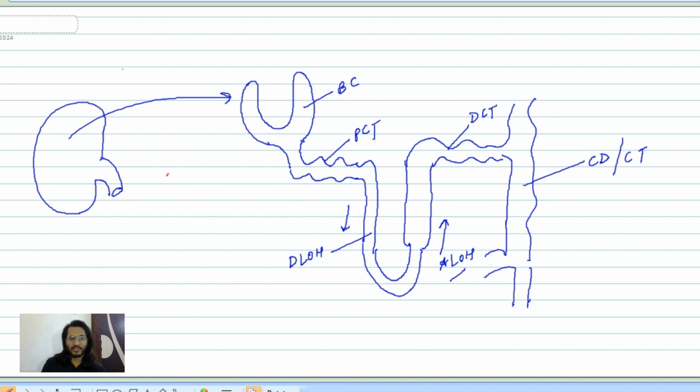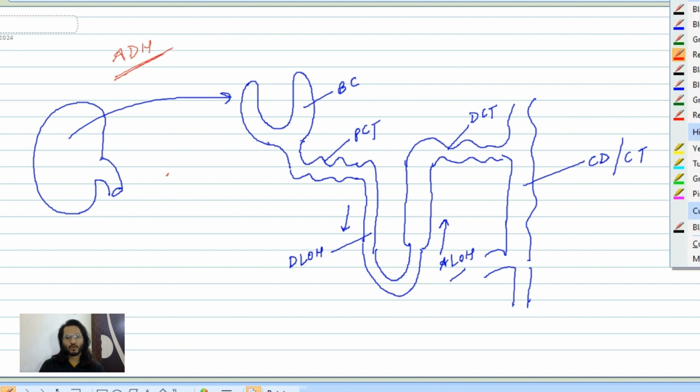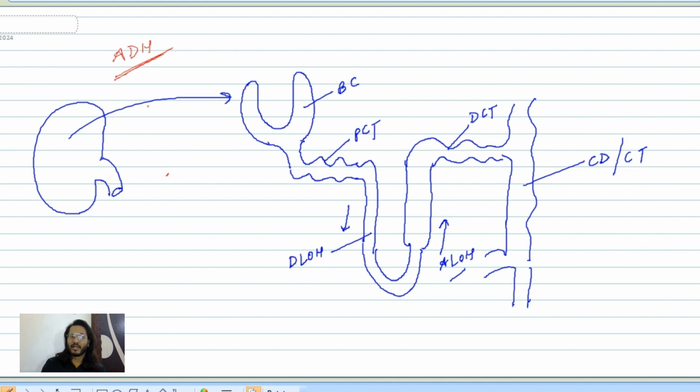The ADH hormone, antidiuretic hormone, or vasopressin, synthesized in the hypothalamus and stored in the posterior pituitary gland, is going to act in our kidney, in the nephron, because the receptors of ADH hormone are present in our nephron. ADH is a protein hormone, a peptide hormone.